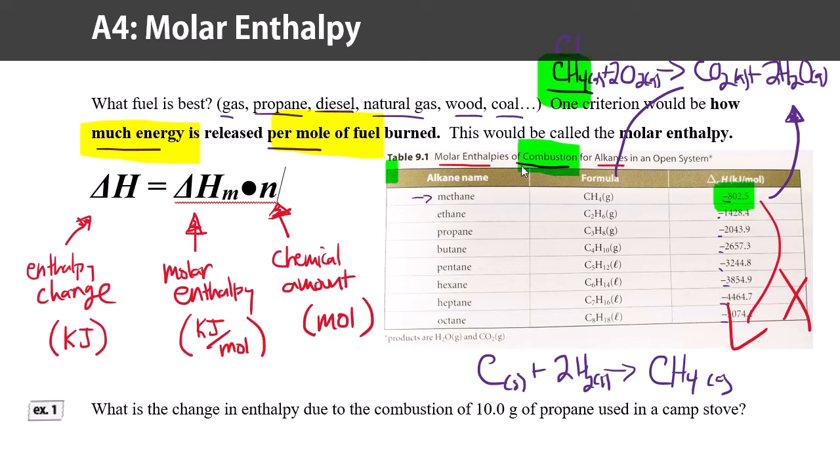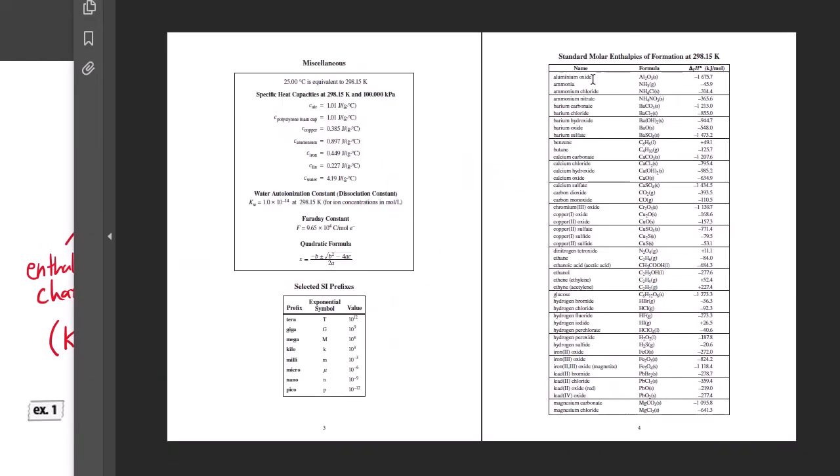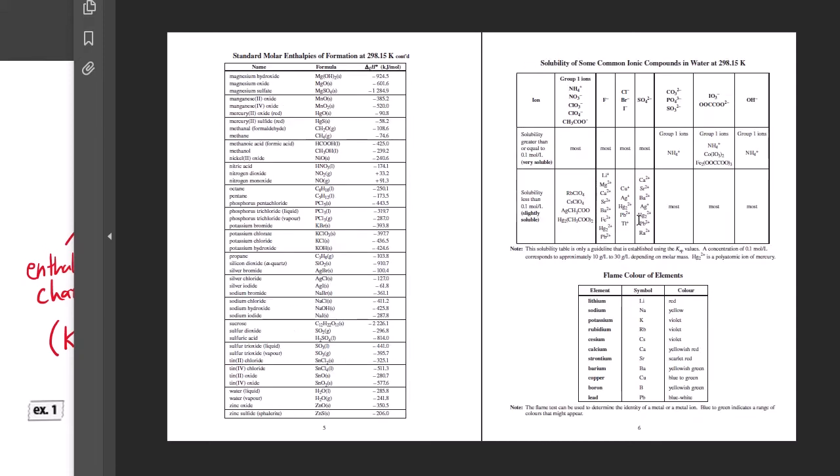We could have a separate table of formation enthalpy values. And in fact, you do in your data booklet. So you see here a table of standard molar enthalpies of formation. So for all of these chemicals here, these would be molar enthalpies for their formation, according to their formation reaction, like you would have predicted in chemistry in grade 10 science.